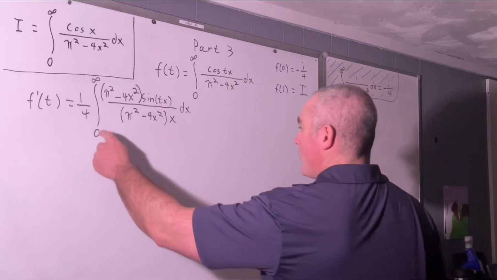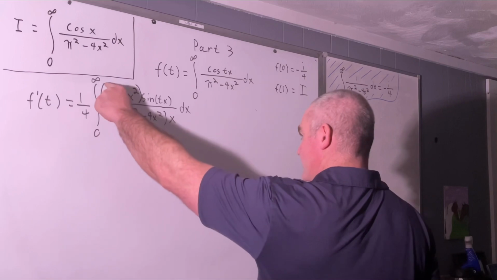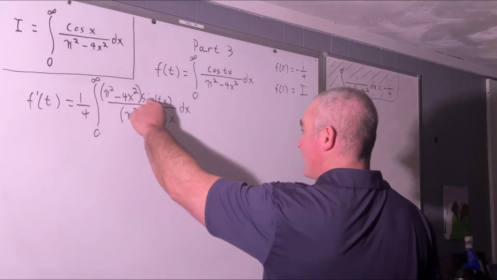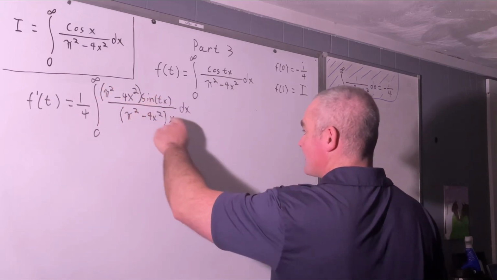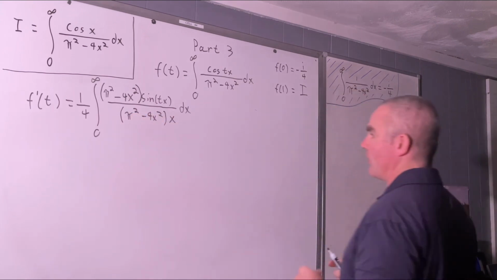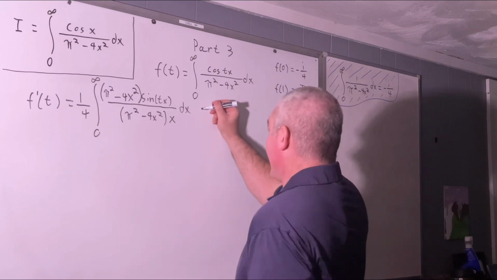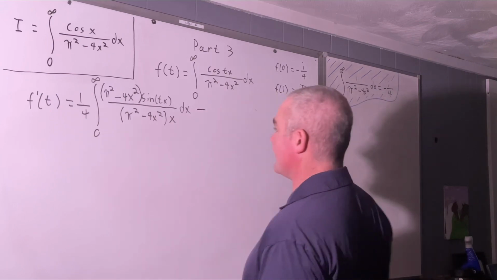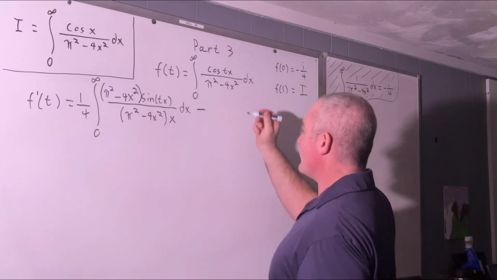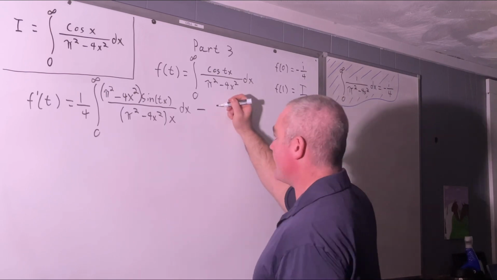That added 1/4 the integral from 0 to infinity of pi squared sine tx over pi squared minus 4x squared times x. So we added that. We have to subtract it, or else the equation is not valid anymore. We wouldn't have f prime of t if we didn't do that.